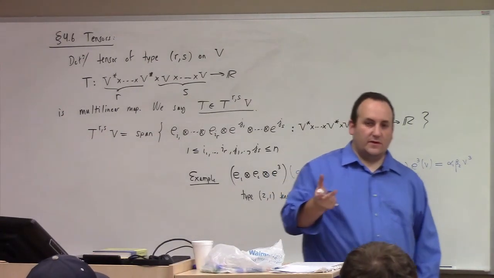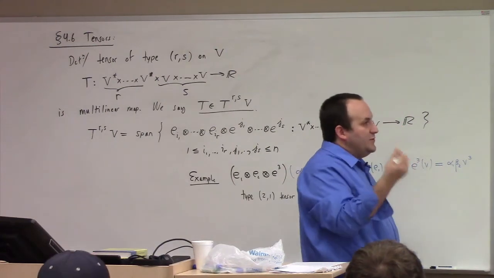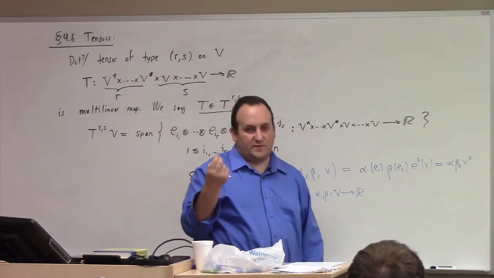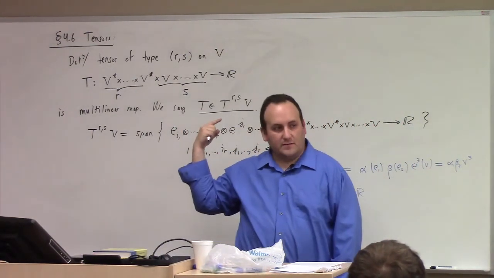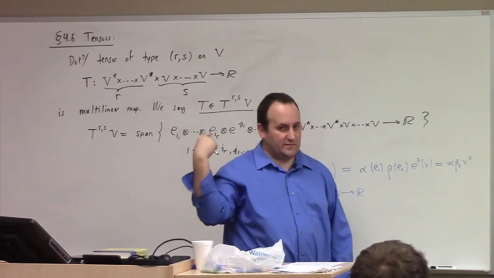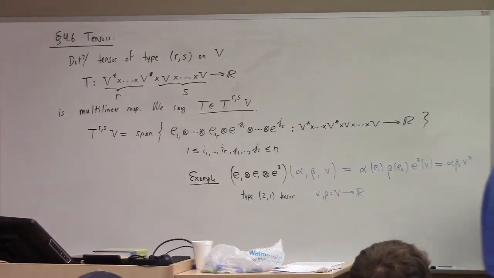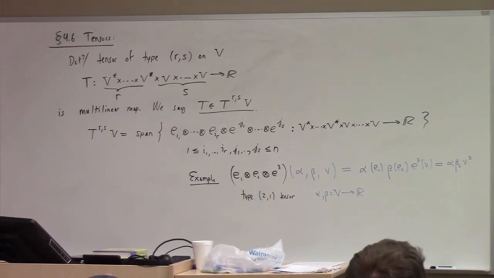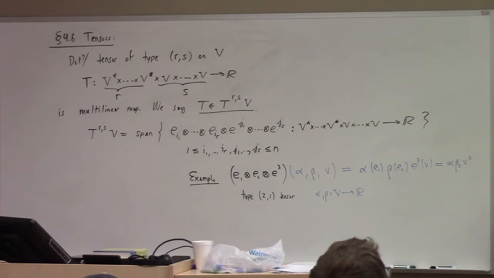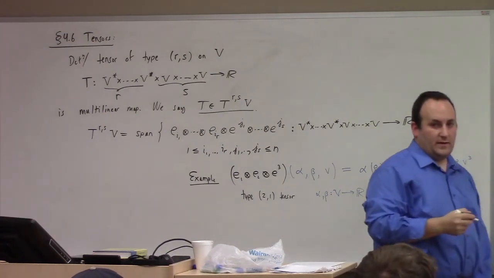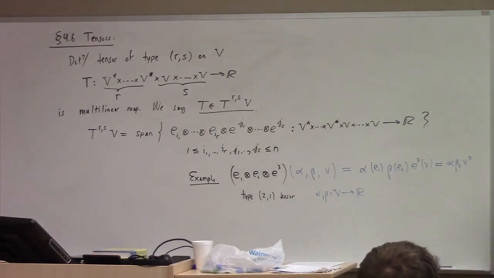Now, a tensor field is where we attach a tensor of type RS smoothly at each point. That's what a tensor field is. So these are not numbers anymore. These are actually smooth functions on M. And I can be more specific. In fact, what are they?